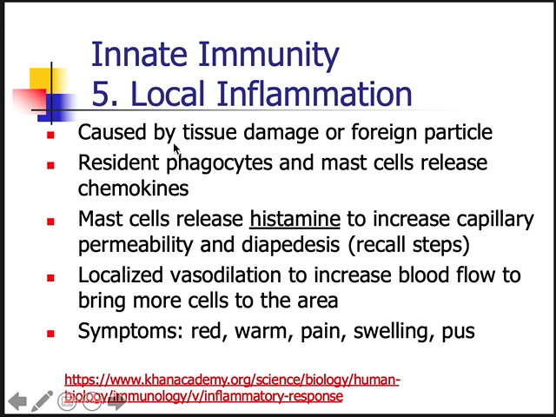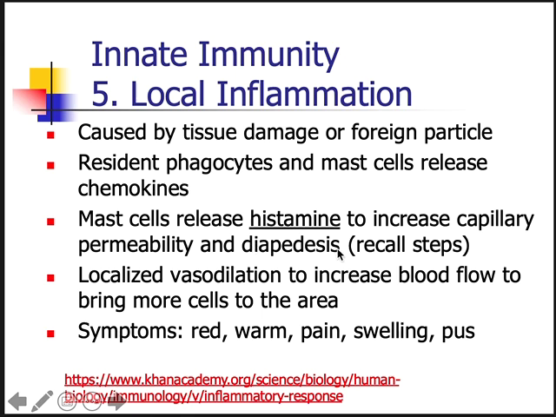So when you get that tissue damage or foreign particle detected, those resident phagocytes and mast cells release your chemokines, your histamine, and that gets extra blood flow, so you get that vasodilation in that local area, right? You're also going to increase permeability so that diapedesis can occur.